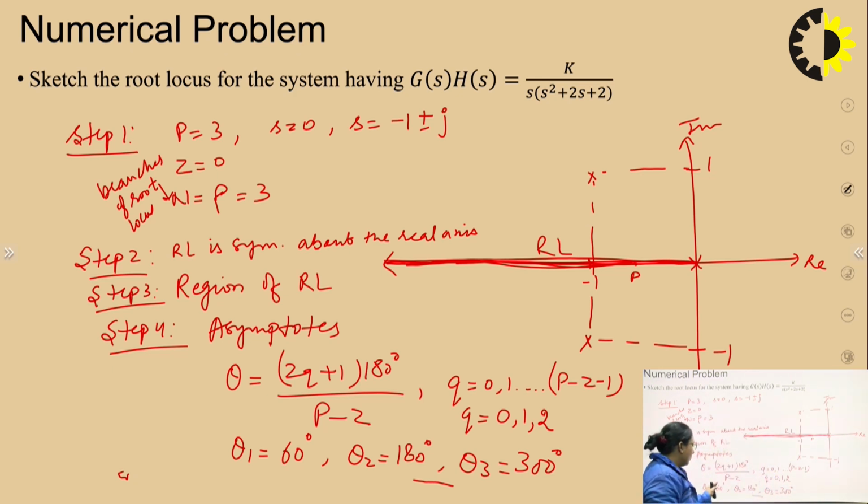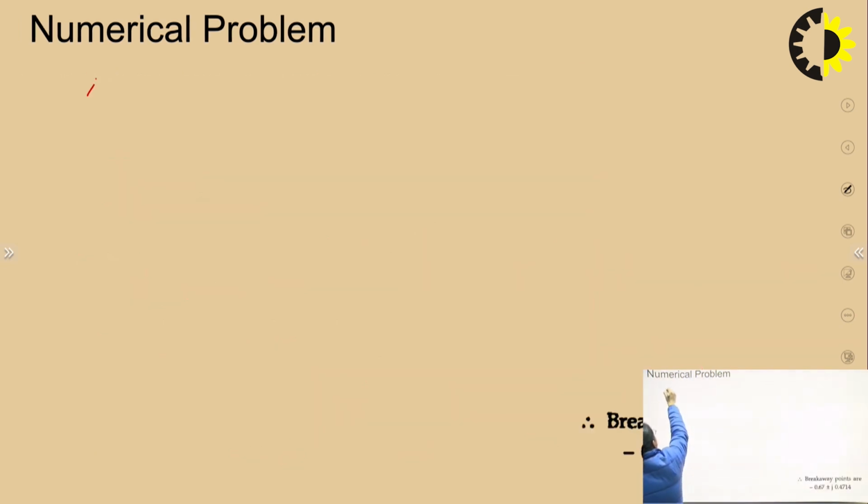Now how do we draw these asymptotes on the root locus? With the help of the centroid we will be able to plot the asymptotes. So step number 5 is to find out the centroid.